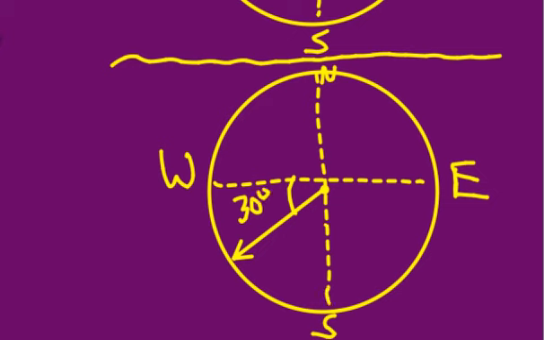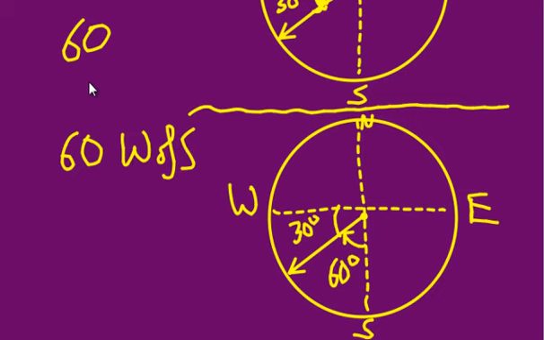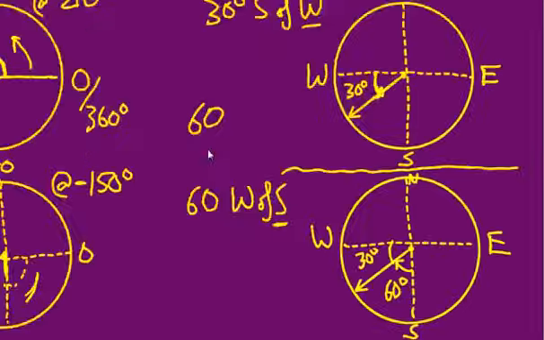In other words, I'm going to come up from this direction. I'm sure you can see that this is 60 degrees. And so I could also write this as 60 degrees west of south. In this case, I use south as my reference line, and I went west of it.